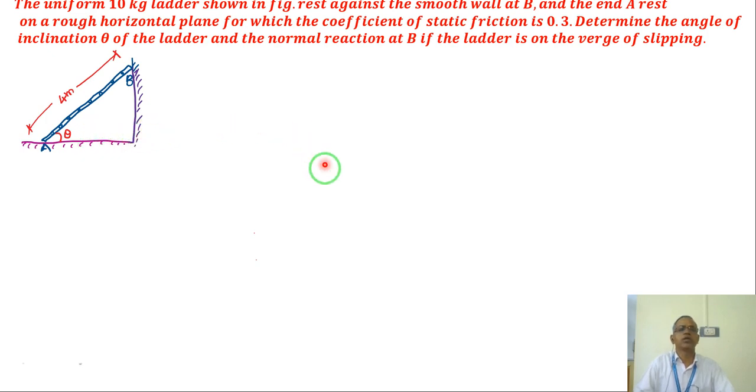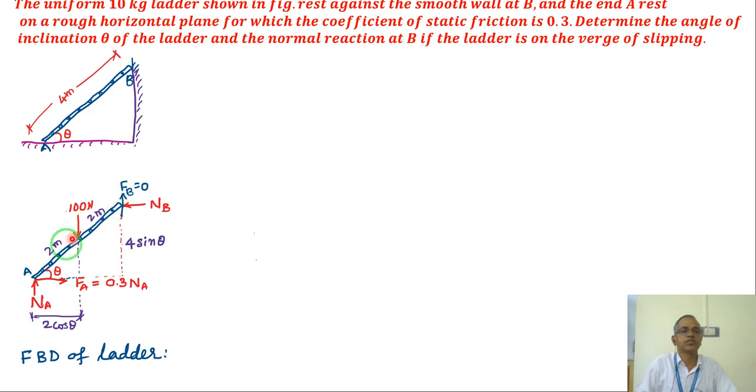So simple, you just draw the free body diagram of the ladder, simple like this. And since friction is there here, I have a normal reaction because the ground is horizontal, normal reaction is vertical, NA. Since this ladder may slip and go to the left hand side, your friction force will be right hand side, right?